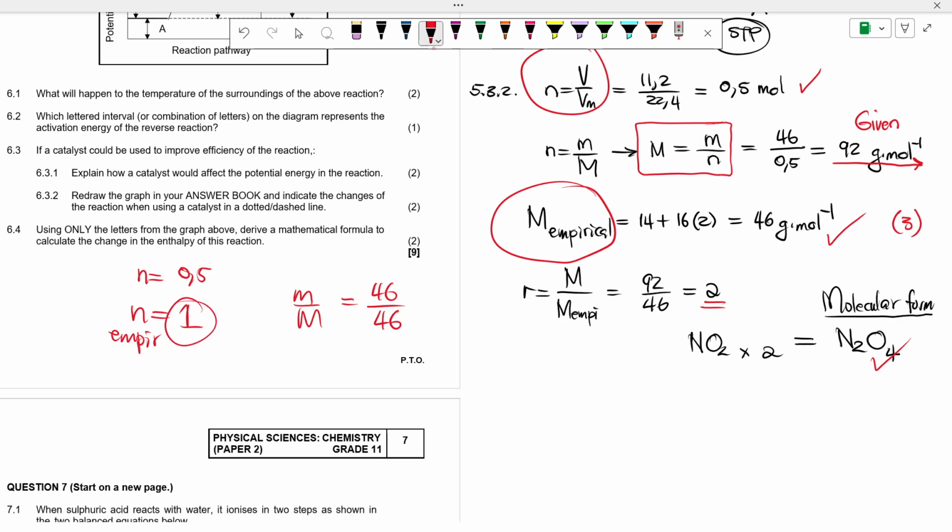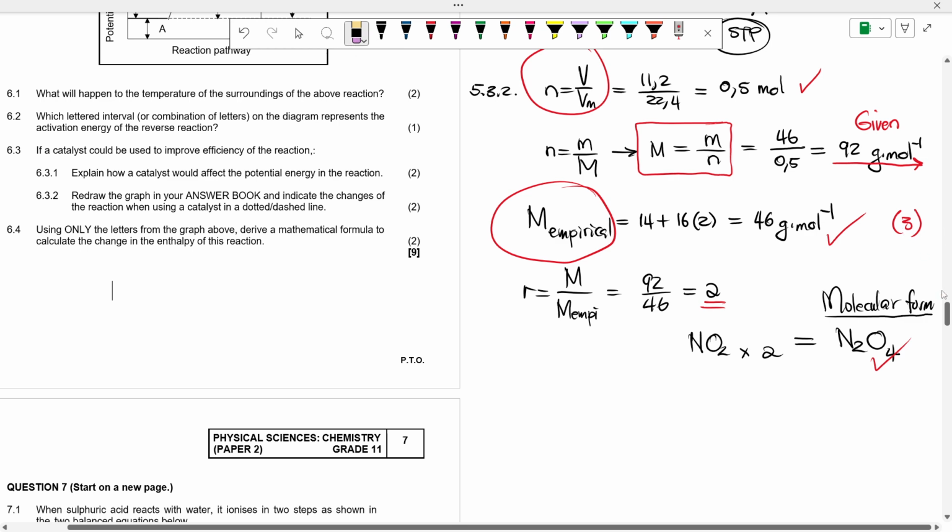Then you can say, okay, the actual value is 0.5. The empirical value is 1. So it means there's 2 that I need to multiply in order to get the correct molecular formula. But I don't advise that because I'm sure you don't understand. But that method that I just did is good enough because it also takes you to what you need to do for molar mass for empirical formula questions.